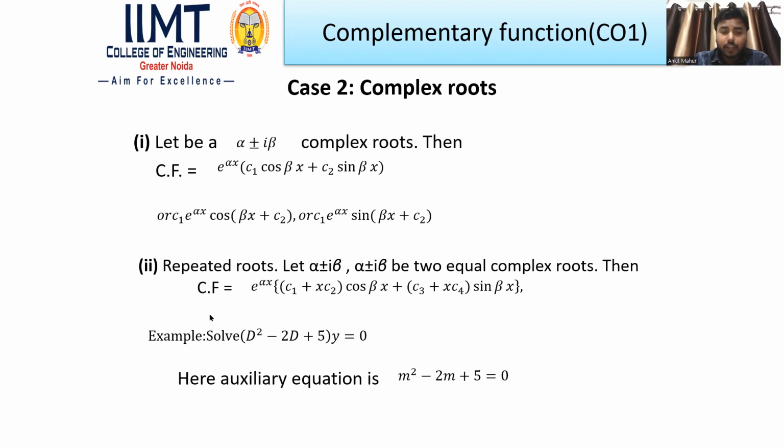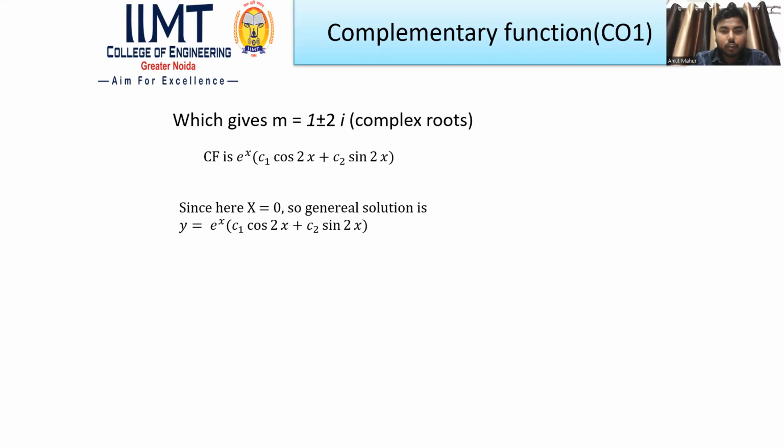Let us discuss some examples. Solve (D^2 - 2D + 5) y = 0. So first we write the auxiliary equation, replacing D by m and y by 1. So m^2 - 2m + 5 = 0.